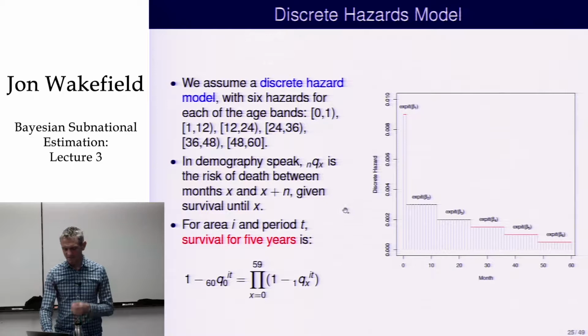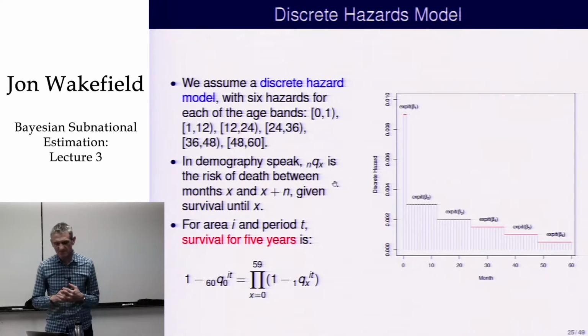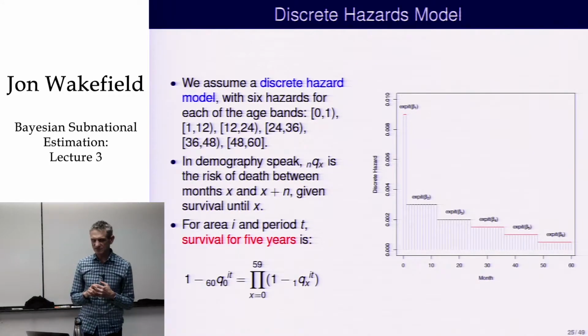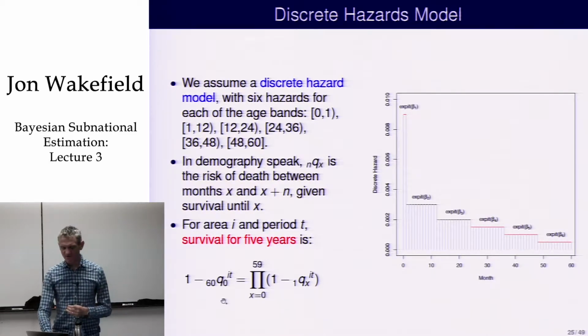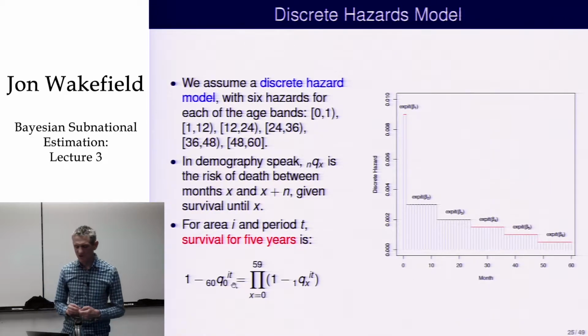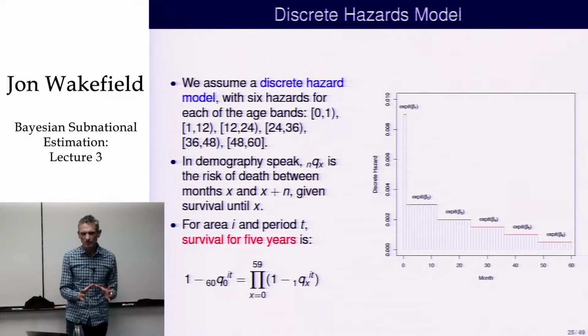And so in demography speak, nqx is the risk of death between months x and x plus n, in an n-month period, given you survived until the start at point x. And then surviving for 5 years, so here this is indexing for area i and time period t, so we're going to fit models to each area and time period we're interested in.